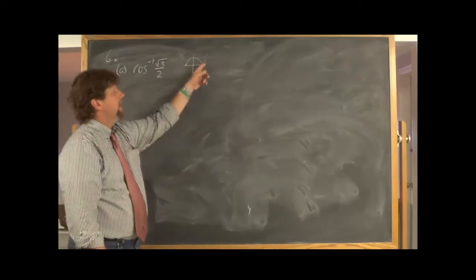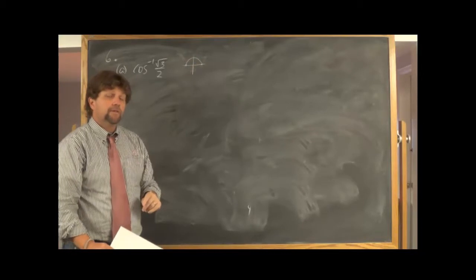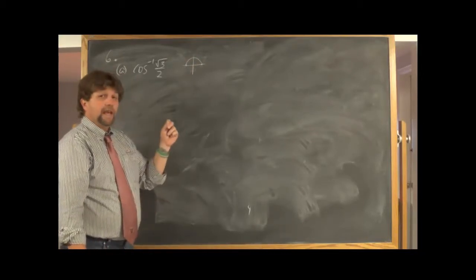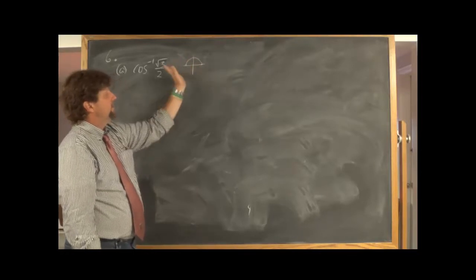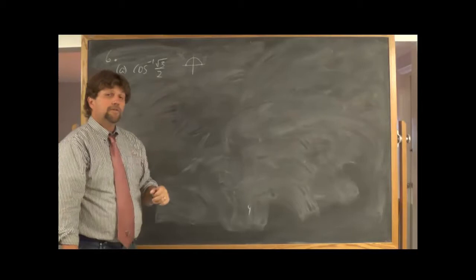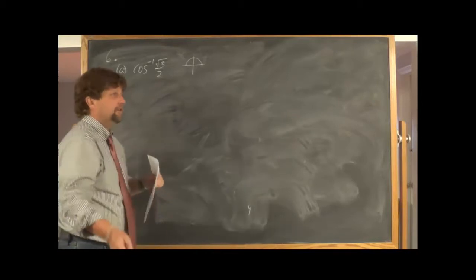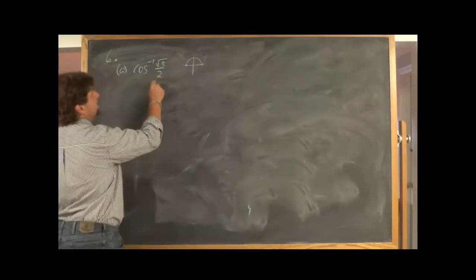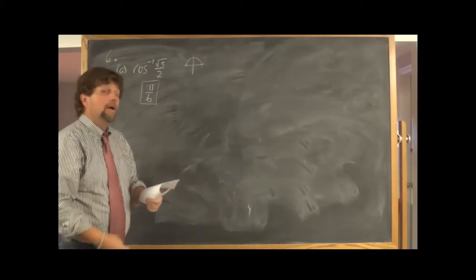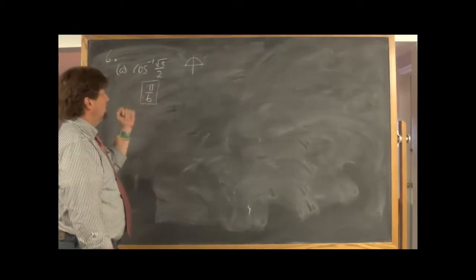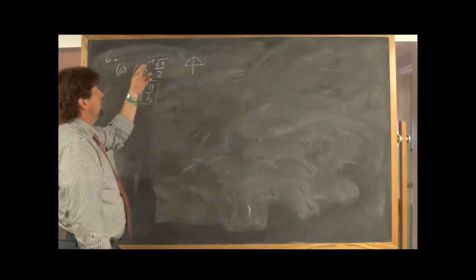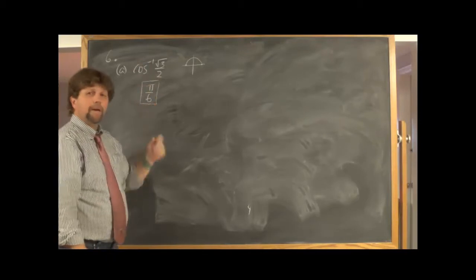Well, 0 to pi is the top half of the unit circle. If you really know that unit circle, then you know the angle on the top half of the unit circle that when you do the cosine of that angle it'll give you square root 3 over 2, you know that the answer here then is pi over 6. Because the cosine of pi over 6 is square root 3 over 2. So inverse cosine square root 3 over 2, pi over 6.